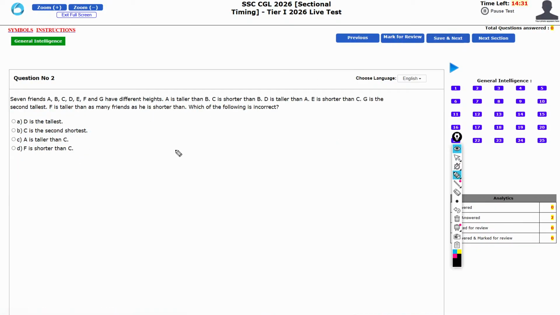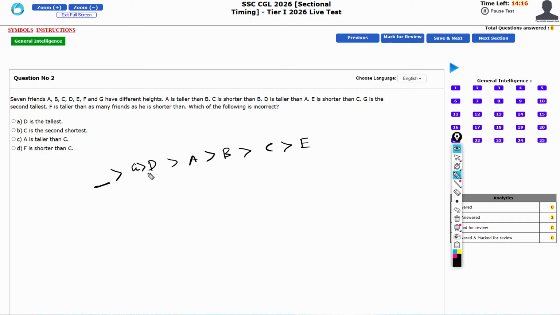Seven friends, different heights. A is taller than B. C is shorter than B. D is taller than A. E is shorter than C. G is second tallest. If G is second tallest, then F is taller than as many friends as he is shorter.